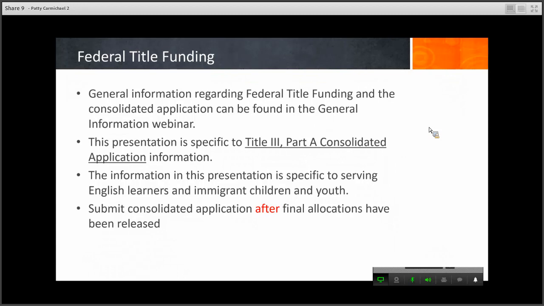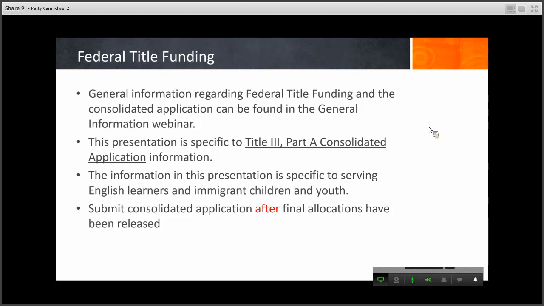Throughout the presentation, different activities and things like that are mentioned, but please keep in mind anything in this section is specifically for serving English learners and immigrant children and youth.